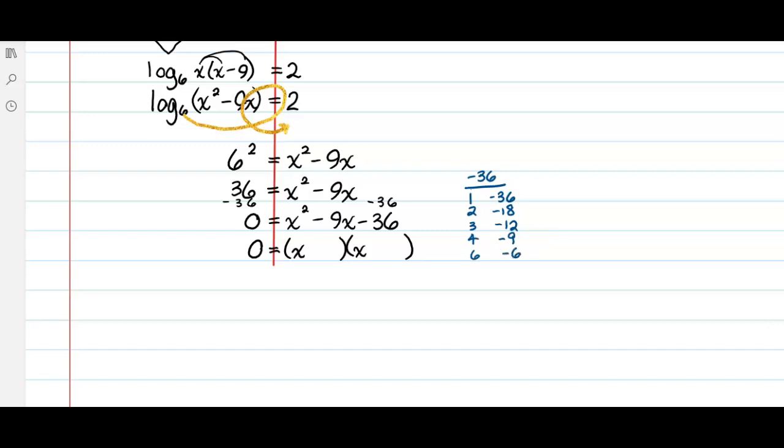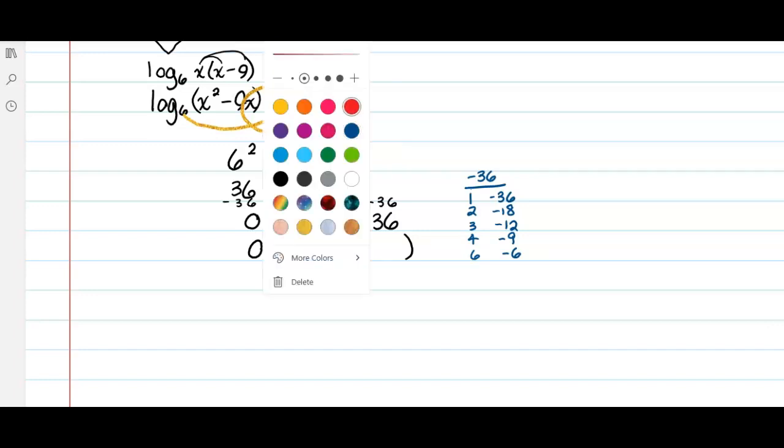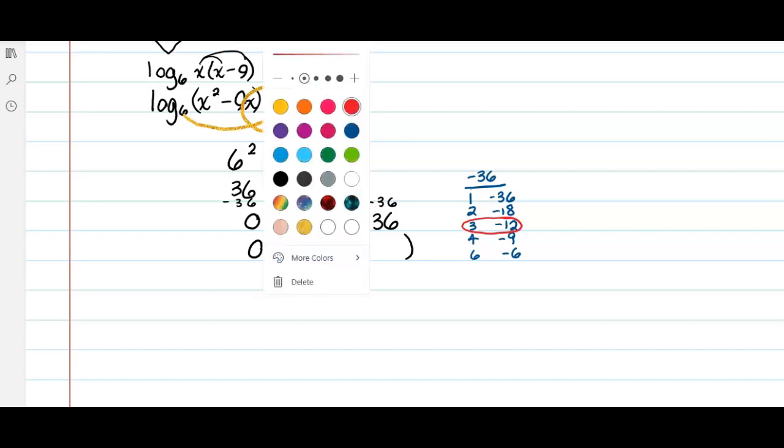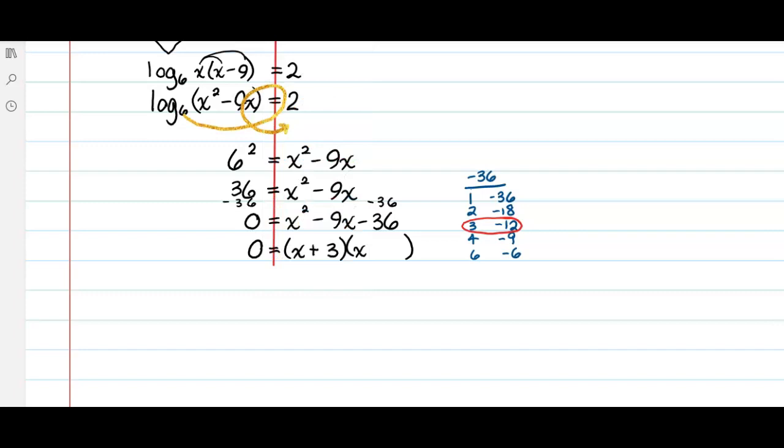Do any of these combine to give me -9? And the answer is yes, 3 and -12. So that's what I'm going to put into my factors. x plus 3, x minus 12.